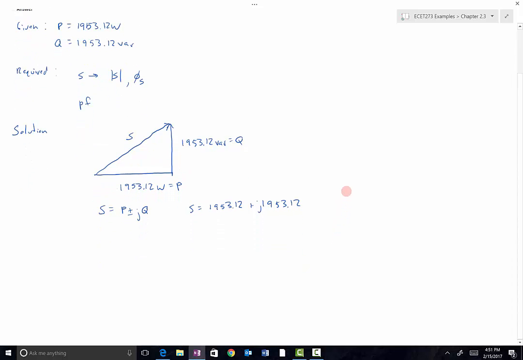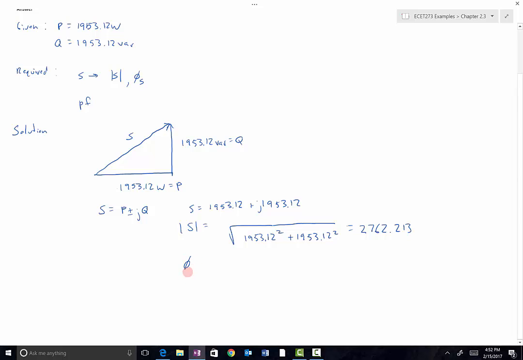Typically S will be given in its polar form, and so if we want to know what the polar form is, the magnitude of S is given by the square root of 1953.12 squared plus 1953.12 squared, right? To determine the hypotenuse of a right triangle, I take the square root of the sum of the squares of the two sides, and that's going to give me a value of 2,762.213.